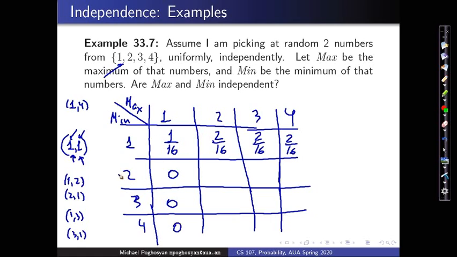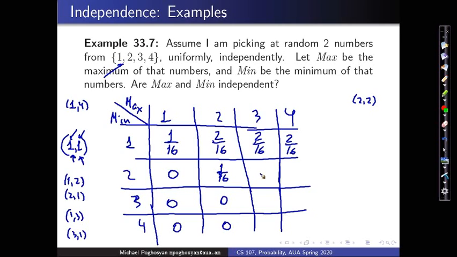Maximum is 2, minimum is 2. So I'm filling this. Maximum is 2, minimum is 2 can happen only if I am picking this pair: the first time I'm picking 2 and the second time I'm picking again 2. And the probability of that is 1 over 16. Okay, I cannot have maximum 2 and minimum 3. So here I need to write 0 and 0 here.